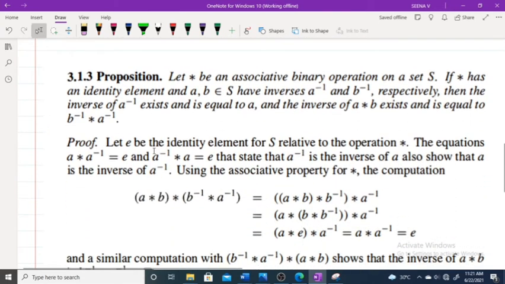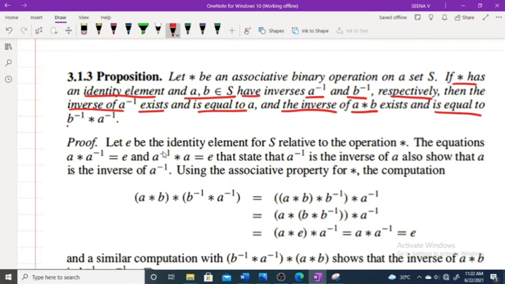Now moving to another proposition. Let star be an associative binary operation on a set S. If star has an identity element and A, B belong to S and have inverses A inverse and B inverse respectively, then the inverse of A inverse exists and is equal to A, and the inverse of A star B exists and is equal to B inverse star A inverse.